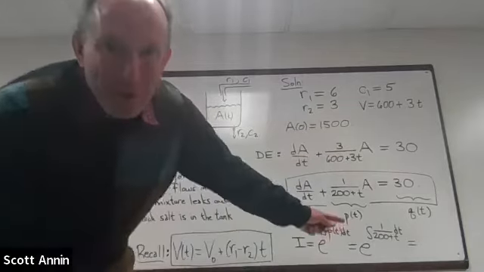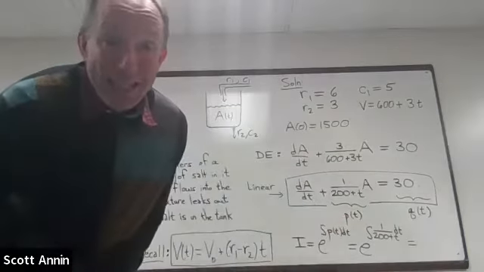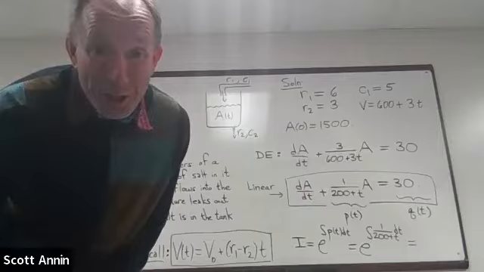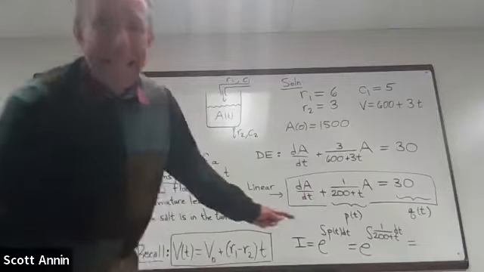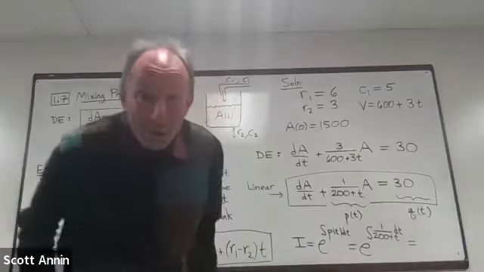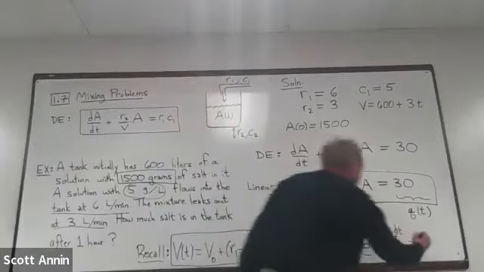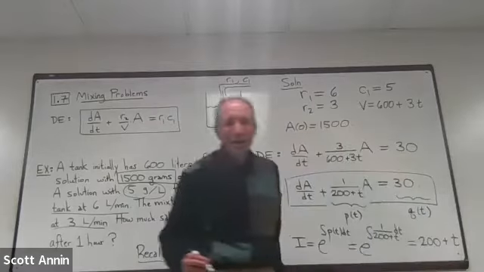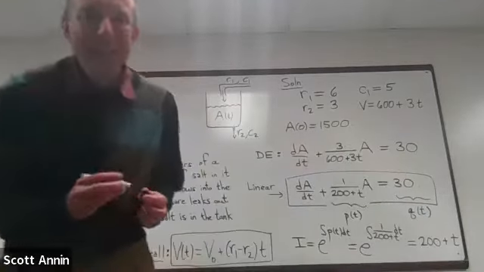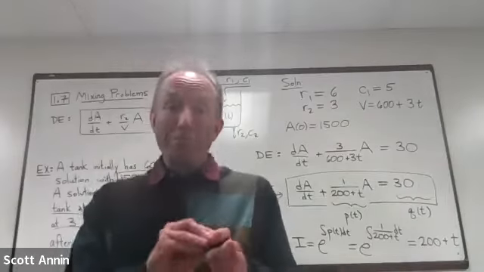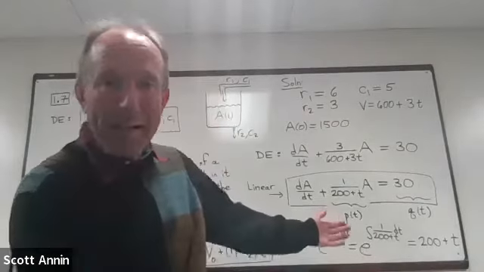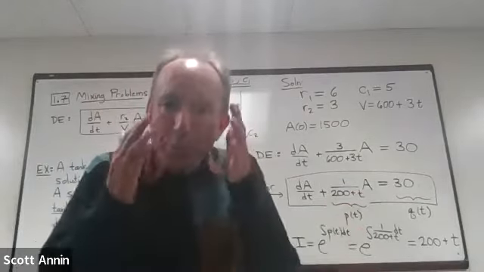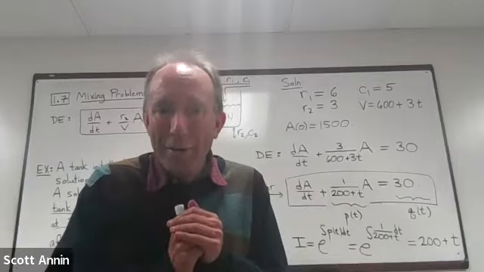When you integrate 1 over 200 plus t, you actually just get the ln of 200 plus t. And e will cancel the ln. We actually will just get 200 plus t for the integrating factor. Now, some of you may remember that when we integrate with the natural logarithm, we're supposed to put absolute value bars around the expression.